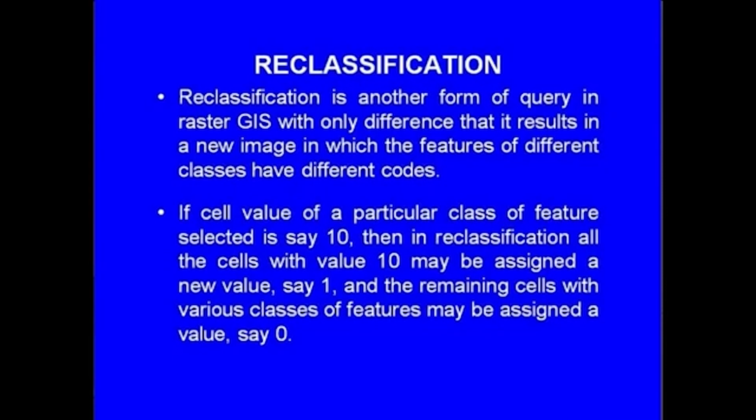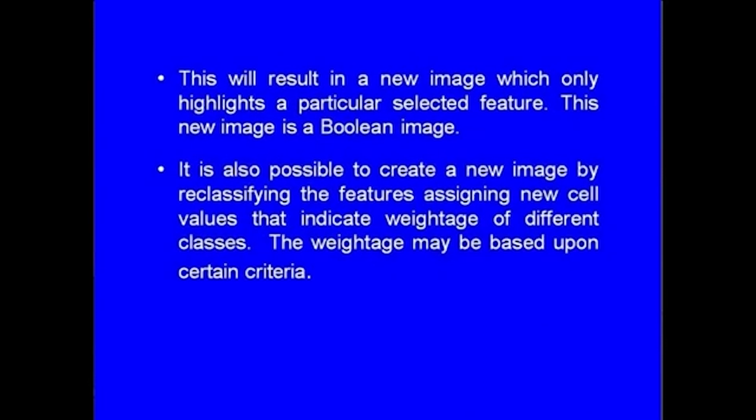If the cell value of a particular class of feature selected is say 10, then in the reclassification all the cell values with value 10 may be assigned a new value say 1, and the remaining cells with various classes of features may be assigned a value 0. This will result in a new image which only highlights a particular selected feature. This new image is a Boolean type of image.